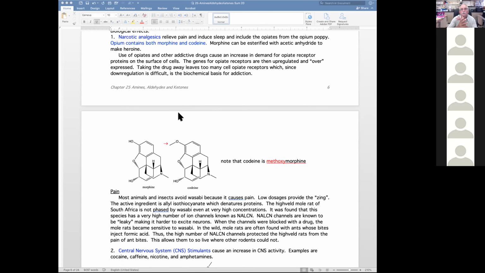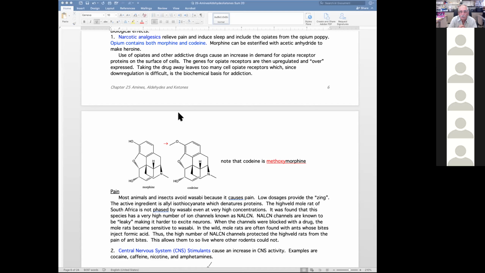So use of opiates and other addictive drugs cause an increase in demand for the opiate receptor. So now how would your cells respond to that? Your cells need these opiate receptors so they can perform their normal everyday functions in your body.